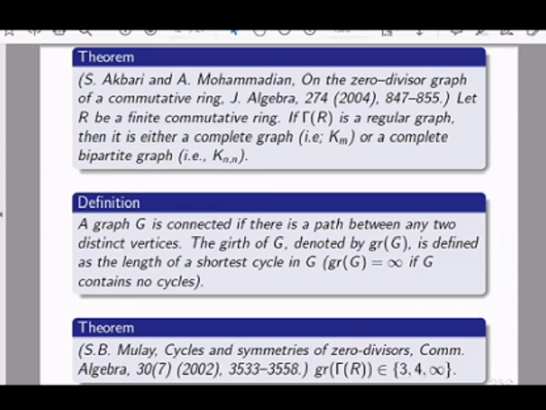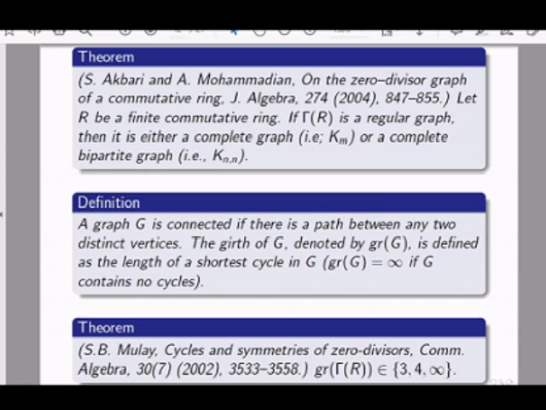As I told you, there are many regular graphs. So if the zero divisor graph is regular, then it has to be either complete or complete bipartite. And he gave the shape of how they should look.